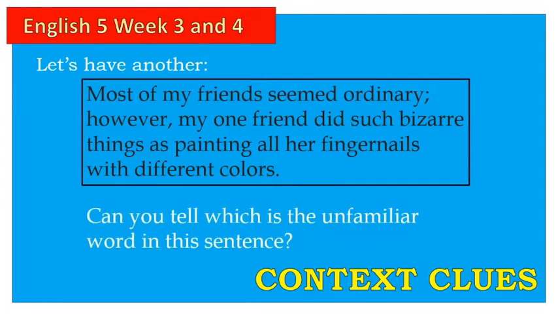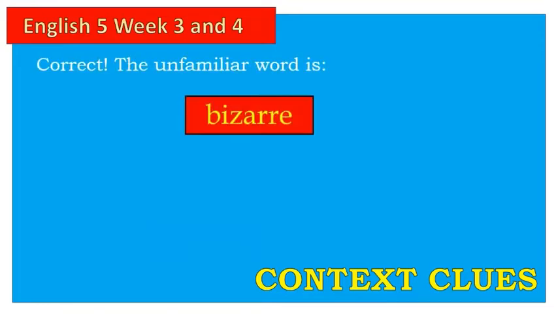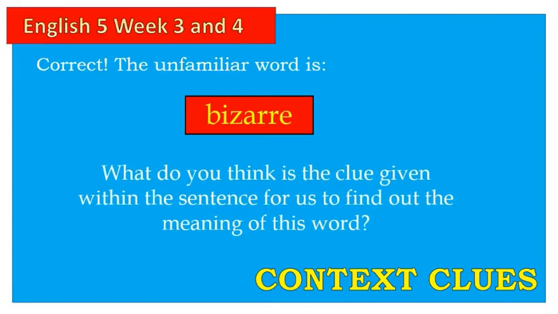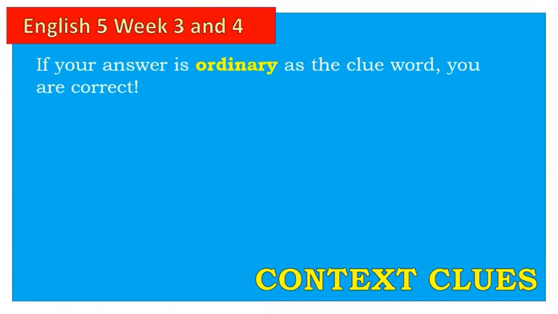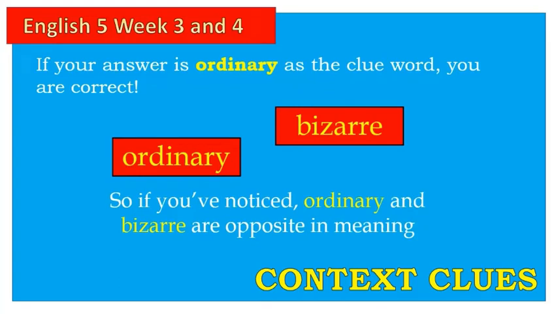Can you tell which is the unfamiliar word in this sentence? Correct. The unfamiliar word is bizarre. What do you think is the clue given within the sentence for us to find out the meaning of this word? If your answer is ordinary as the clue word, you are correct. Ordinary, bizarre.